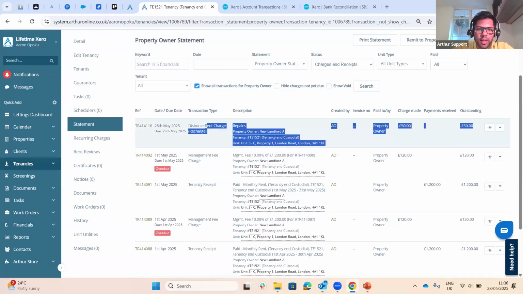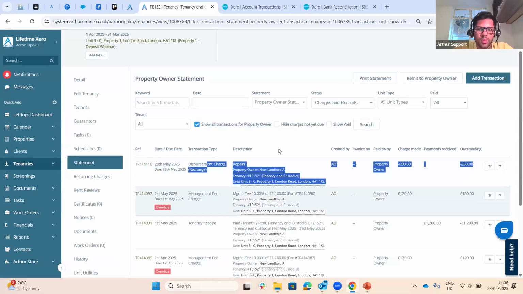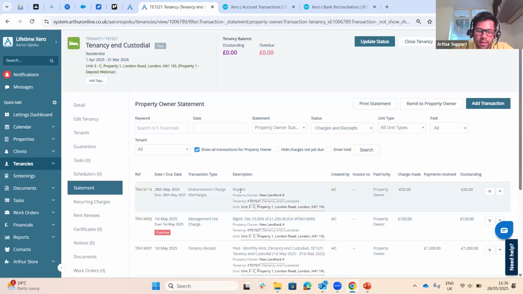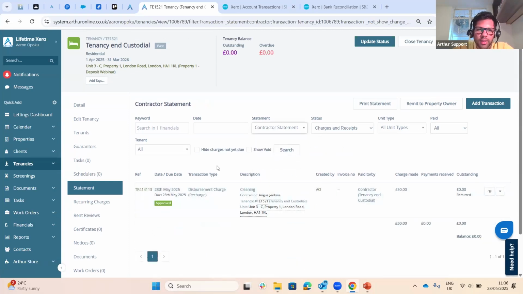This will be a transaction that you can then process as part of a remittance and send the landlord that £50 you collected from the deposit. On the contractor statement, based on what we added, we can also see the £50 on the contractor statement, which we can then pay the contractor £50 for what we collected from the deposit.